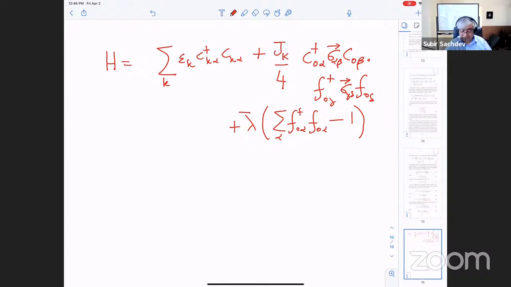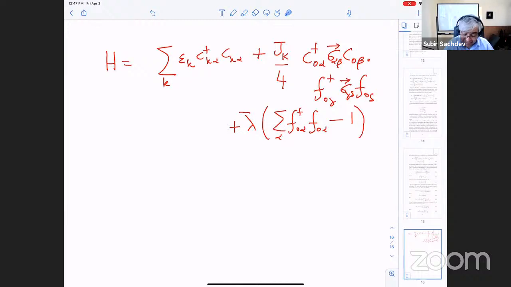The main approximation here is I've imposed this constraint that f dagger f is 1 just by imposing lambda bar, which is sort of like a chemical potential. And if I just demand that the energy is stationary with respect to lambda bar, the Feynman-Hellmann theorem will tell me that the average value of this is 0, which tells me that the constraint is imposed on the average.